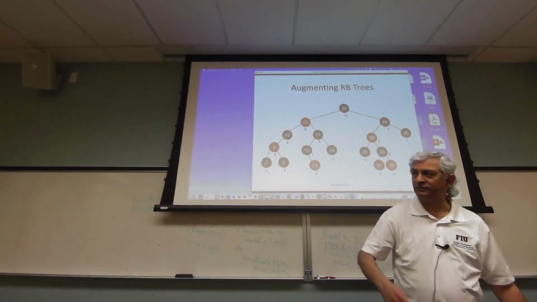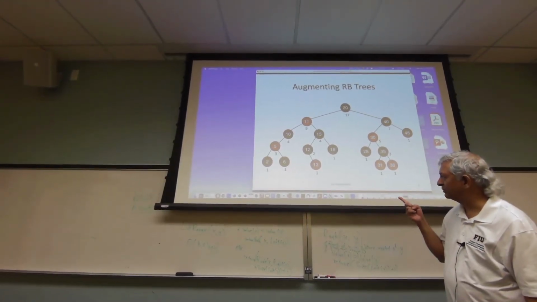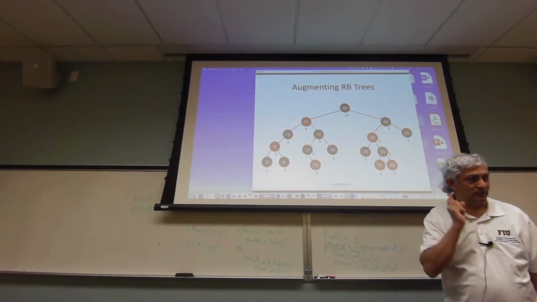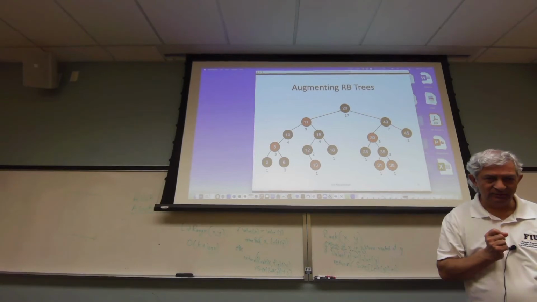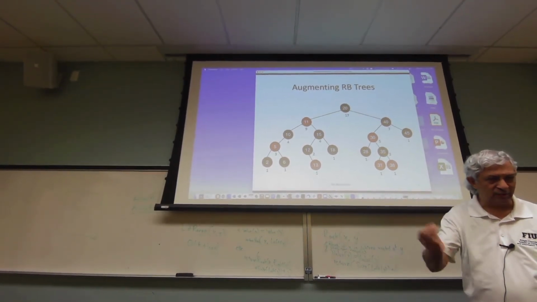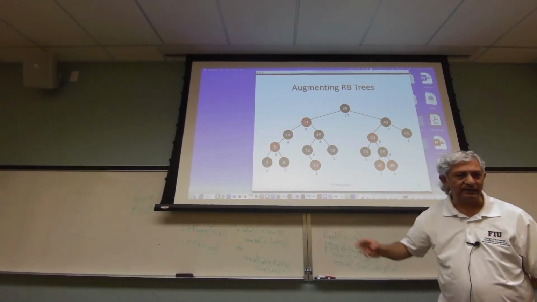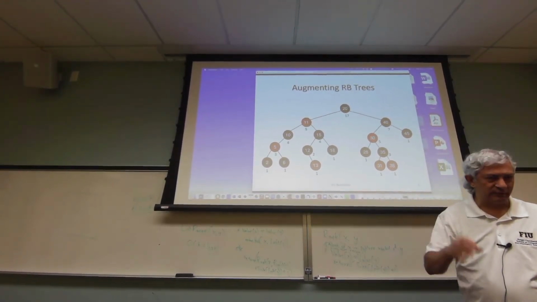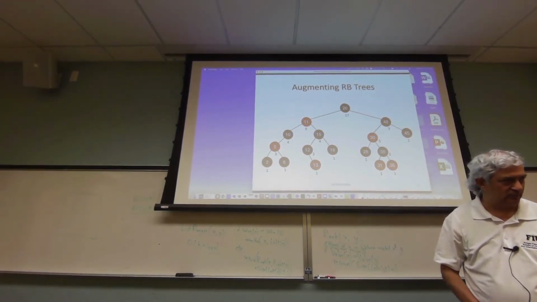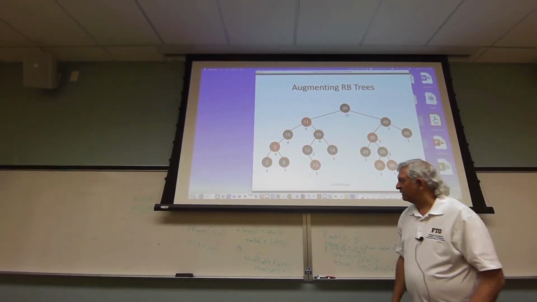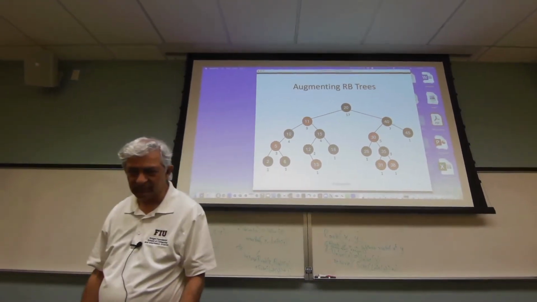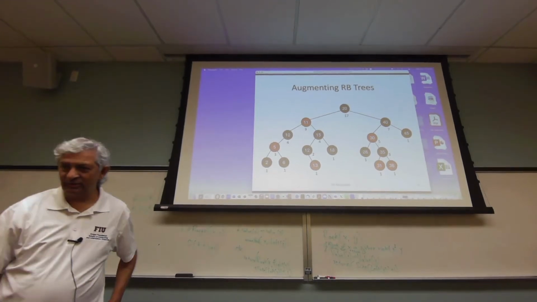How should I fix this data structure in order to print out everything between 6 and 14? But I want this done efficiently. I want to spend only a constant amount of time per extra output, but I can spend an extra log n time to know where to start and where to end. So the idea here is, any thoughts?